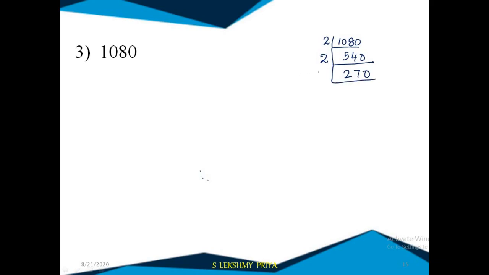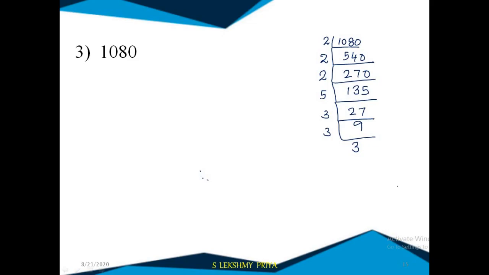We can again divide by 2, it will be 135. Now let's take 5, it is 27. Now by 3, it's 9. Again by 3, it's 3 itself.